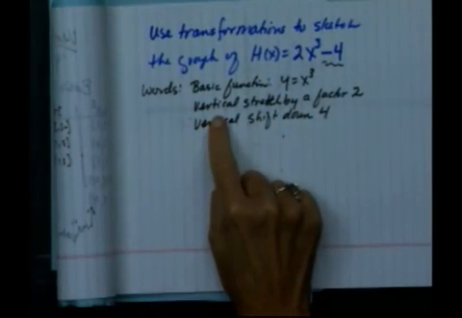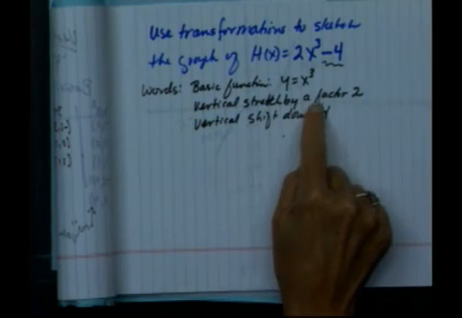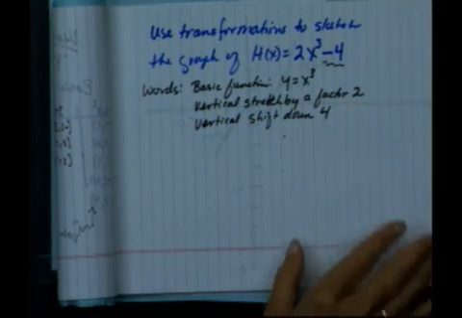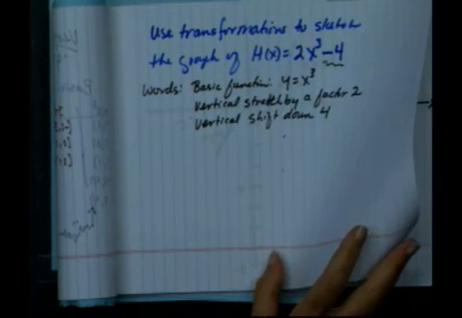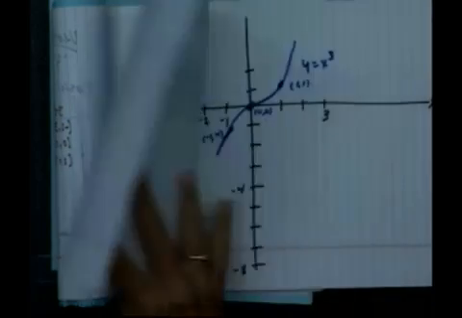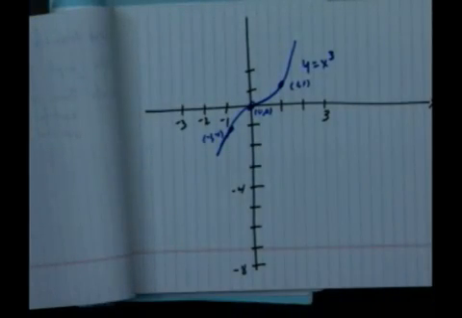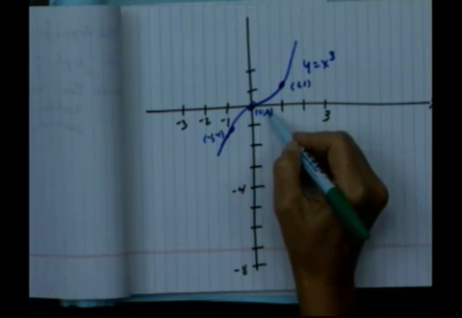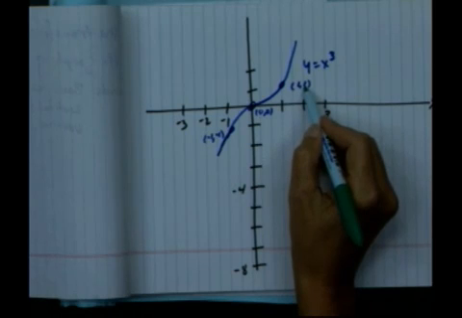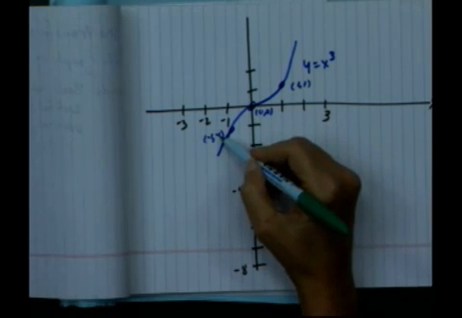The next thing it says, vertical stretch by a factor of 2. So am I going to worry about the x values at all for a vertical stretch? No. So all I'm going to do now is go in here and multiply my y values by a factor of 2. Right? Y values times 2.